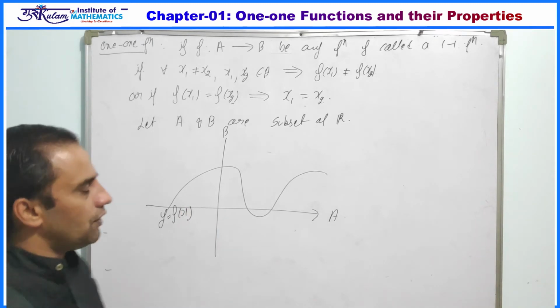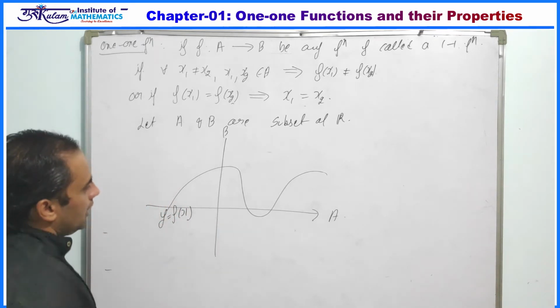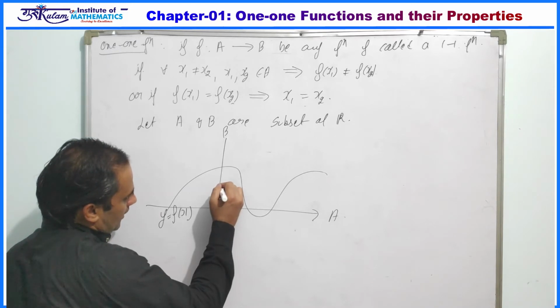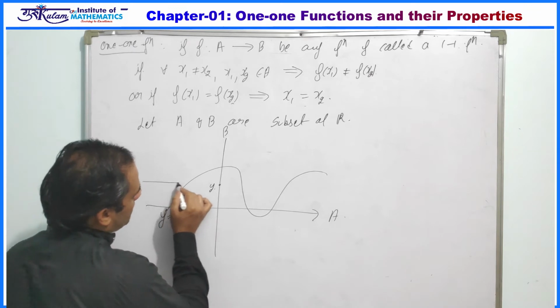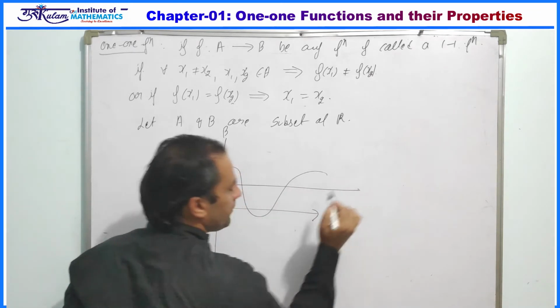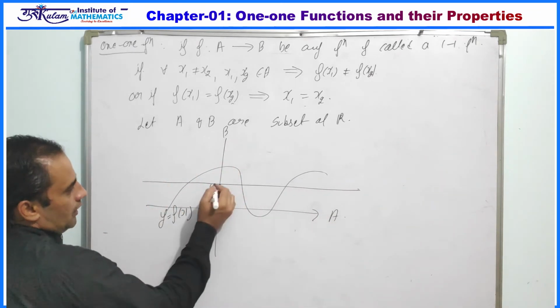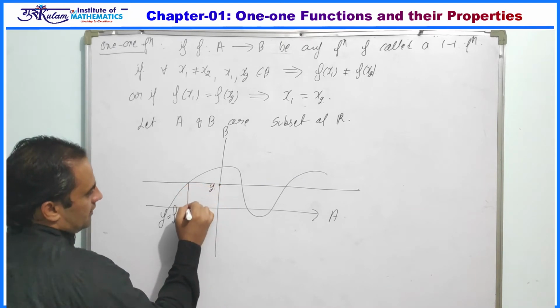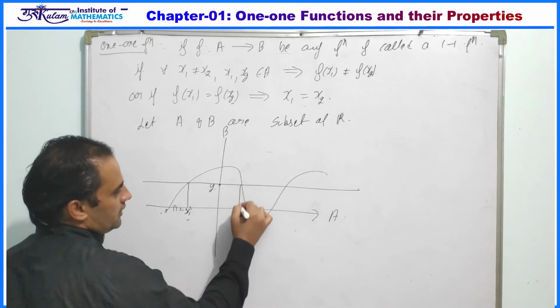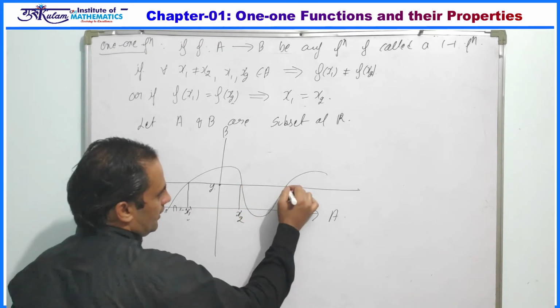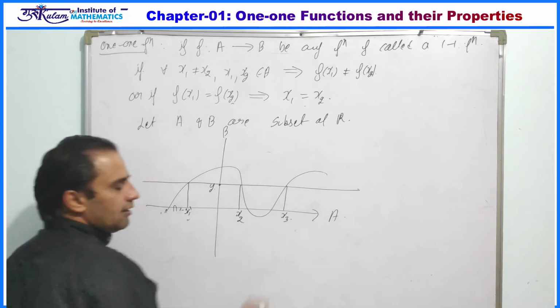Now we have to identify whether it is one-one or not. If we take any value y and draw a line passing through y and parallel to the x-axis, then this line intersects at some point, say x1, another point, say x2, and another point, say x3.